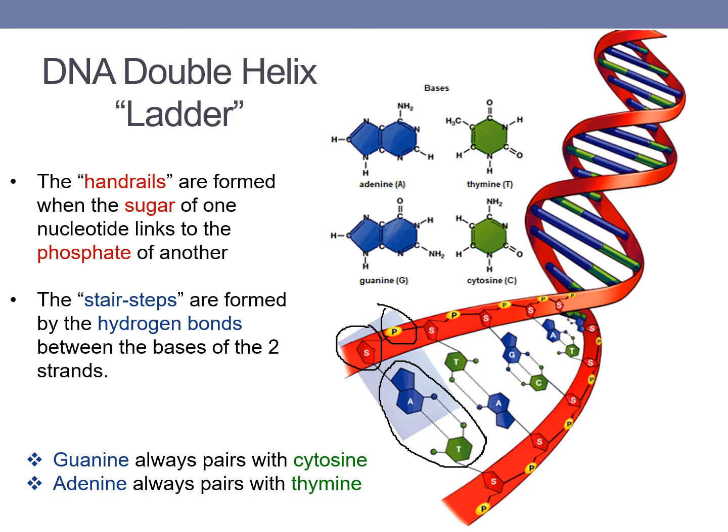The bases of the DNA being adenine, thymine, guanine, and cytosine. Guanine always pairs with cytosine by three hydrogen bonds, and adenine always pairs with thymine with two hydrogen bonds.